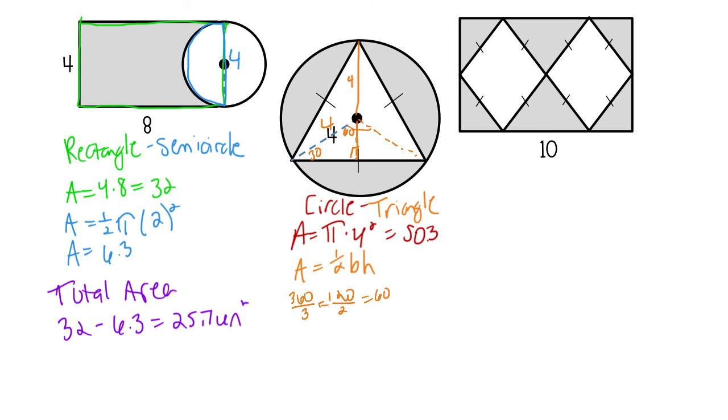So I can use a little trigonometry to find the length of this line. If 60 is my reference angle and this is the adjacent line, adjacent over hypotenuse is cosine. So the cosine of 60 is A over 4. I multiply the cosine of 60 by 4 to get A alone.